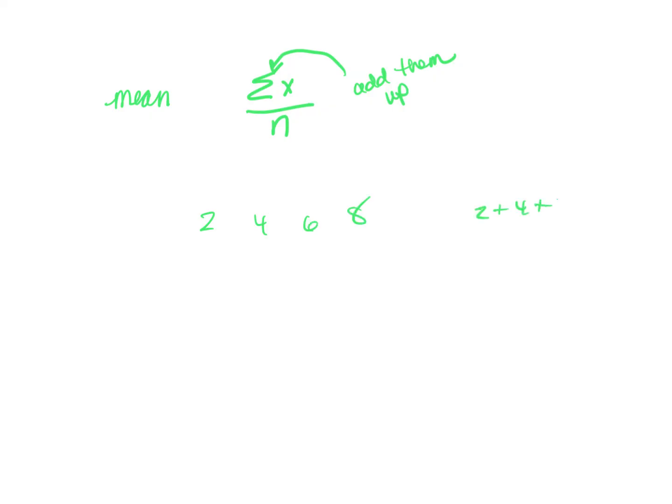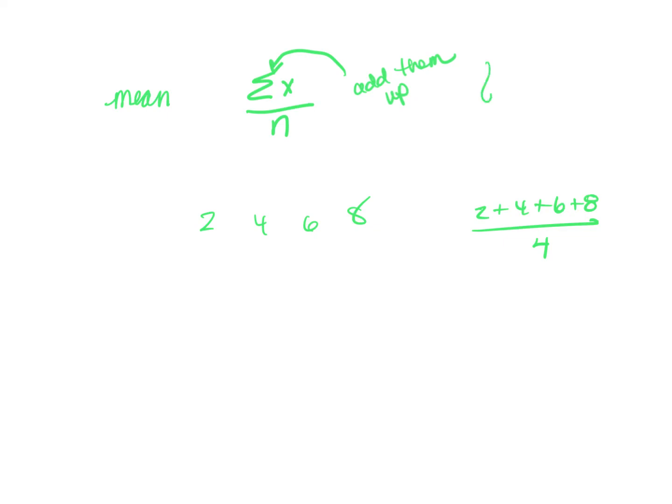So these are things like the mean, which is the sum of all your data points divided by the number, right? This little squiggly line means add them up. So if I had a data set like 2, 4, 6, 8, then my mean would be 2 plus 4 plus 6 plus 8, and there are 4, so we divide by 4, right?